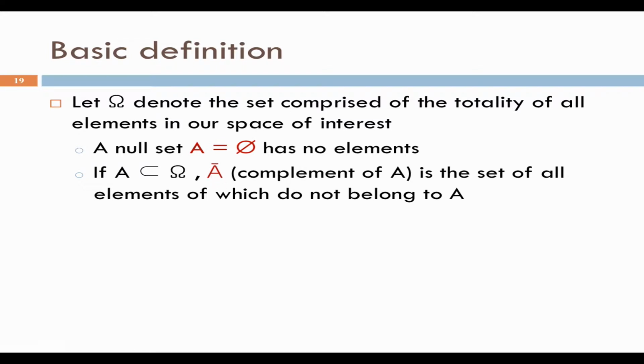It's the set of all elements which do not belong to A. From the logical operation side, the complement of A is basically not A. So that means your total sample space subtract the event A. In that example of baby births, if A represents the event of a baby boy birth, then A complement is the total sample space, boy and girl, subtract the boy. So A complement is really a girl birth.